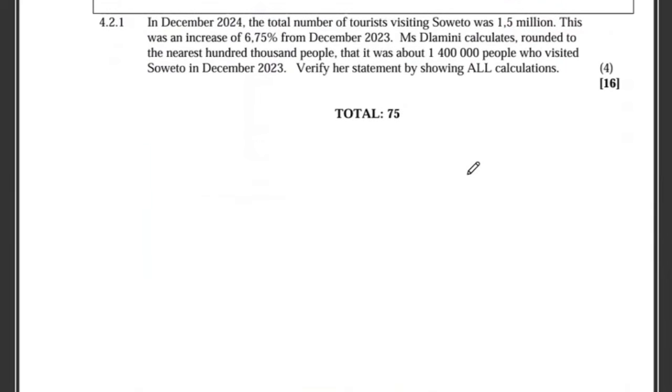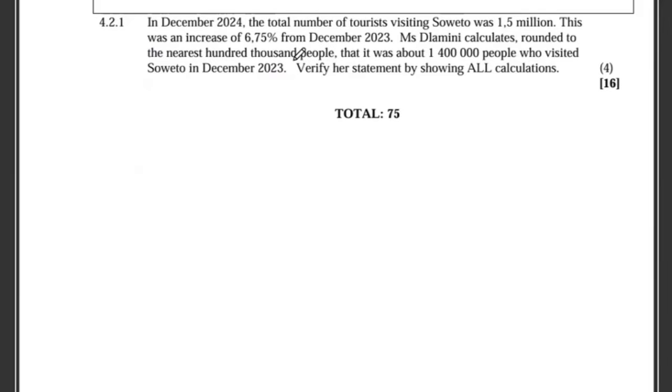Anyway, in December 2024, the total number of tourists visiting Soweto was 1,5 million. This was an increase of 6.75% from December 2023. Mrs. Lamini calculates, rounded to the nearest 100,000 people, that it was about 1,400,000 people who visited Soweto in December 2023.